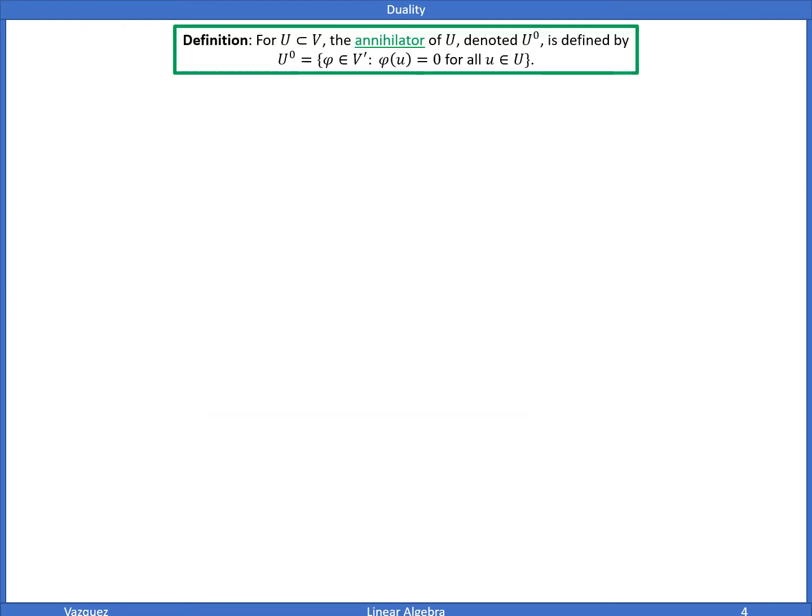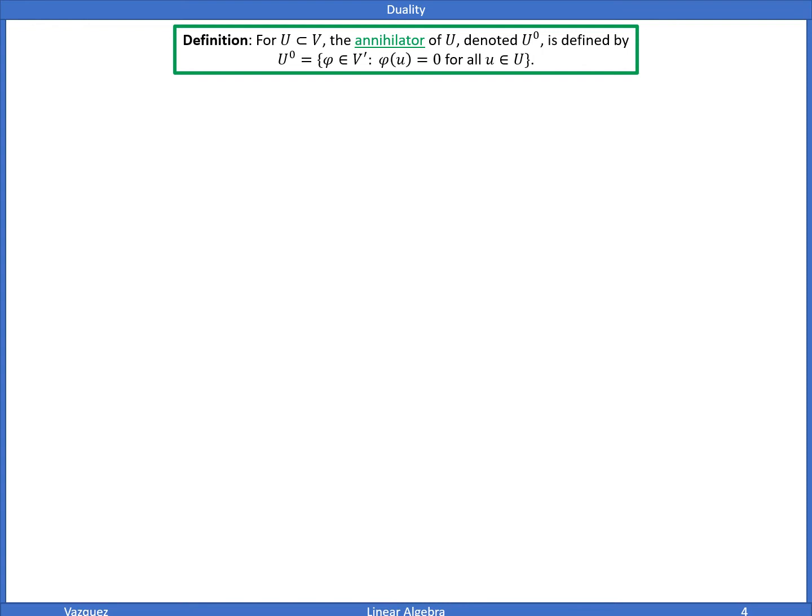Okay, if this loads, now we will be looking at something called the annihilator. So that's a fancy word. For U a subset of V, the annihilator of U, denoted U to the 0, is defined as the set of linear functionals phi such that phi of u maps to 0, where u is an element of U. So the way some students see this, thinking of dual spaces, the annihilator is kind of like the null space, right?